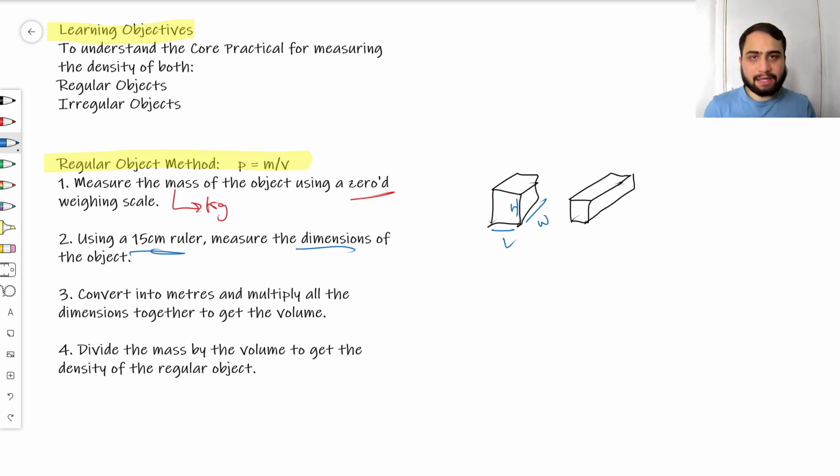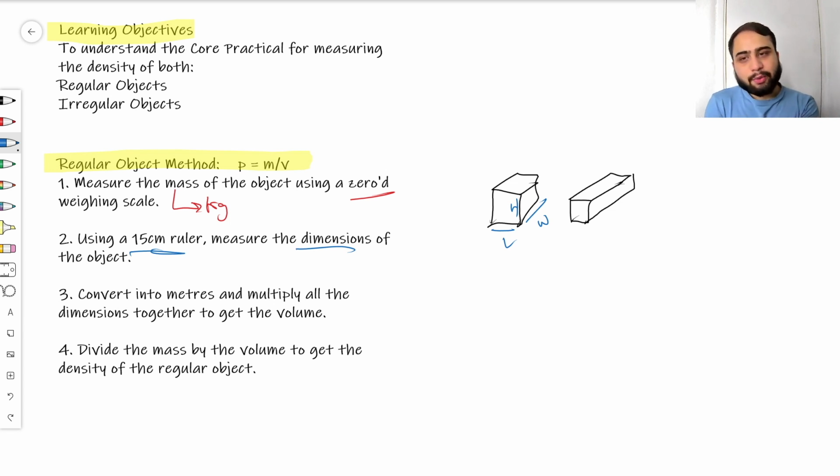Why have I said 15 centimeters here? Well, that's because it would be a bit stupid, right, to use a meter ruler for a cube that probably fits in your hand. So you want to have a decent sized 15 centimeter ruler to get a sort of accurate reading. We're not going really overboard on it, okay? So we would use a ruler to measure the dimensions of the object.